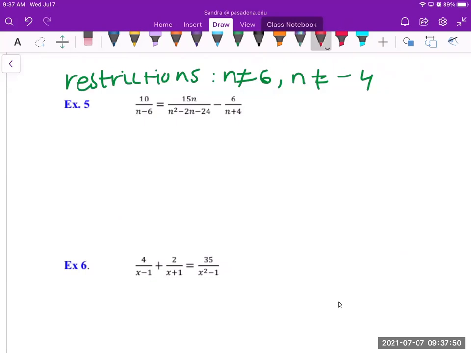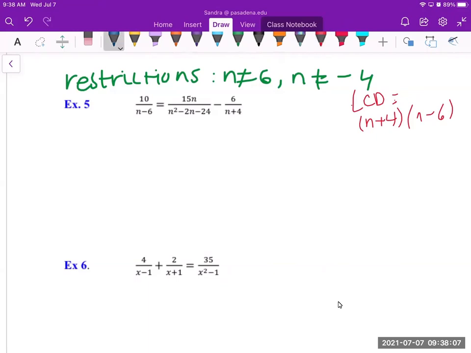Okay, so my LCD here is n plus 4, n minus 6. I'm going to multiply each term by the LCD.